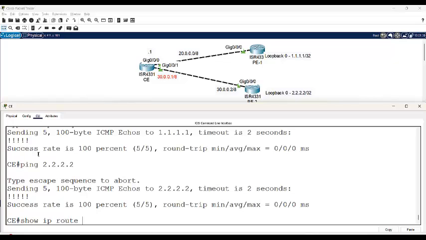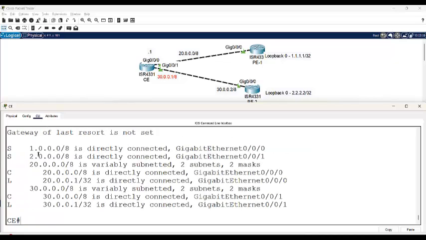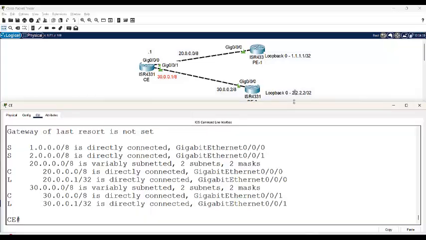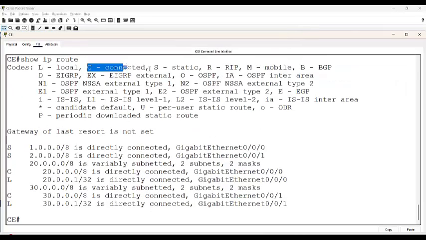Yes, sir. Can you explain the routing table for the C and L, the connected? Okay, C means the IP address that you have assigned on the connected wire. It may be loopback, it may be gigabit Ethernet. That doesn't matter. If you have configured an IP address on the port of the router, I have configured an IP address on this port G0/0, this address, and the router is to connect networks.